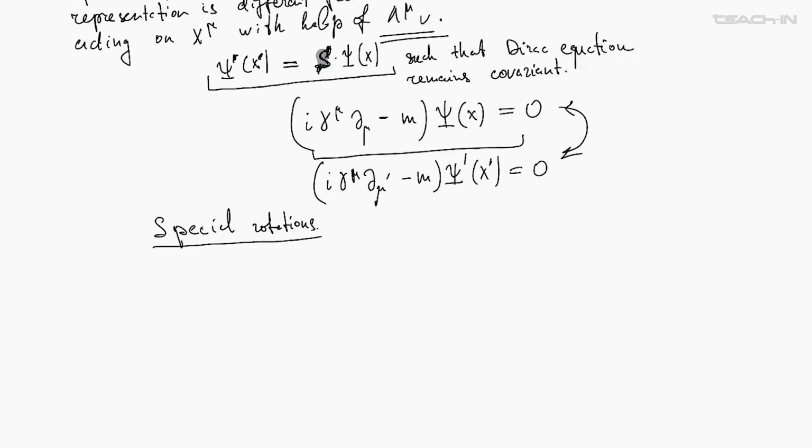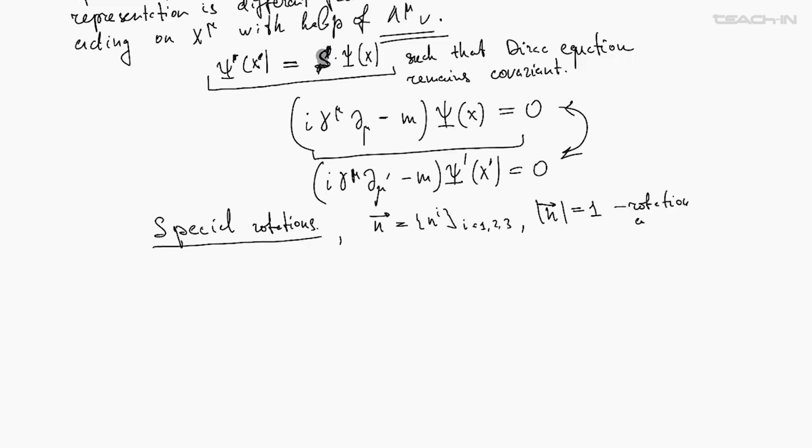And we know that the usual three-dimensional rotations can be specified by giving a rotation axis, and this can be done by specifying the unit vector n with components n_i, i running from 1, 2, 3. And unit means that if you compute the length of this vector, then the length is equal to 1. So this is the rotation axis, the axis around which we will be rotating.